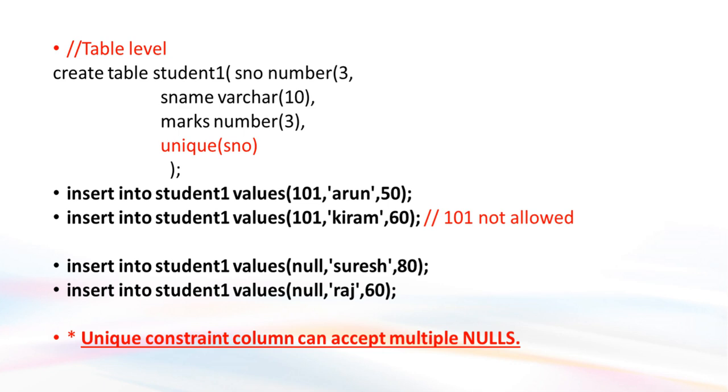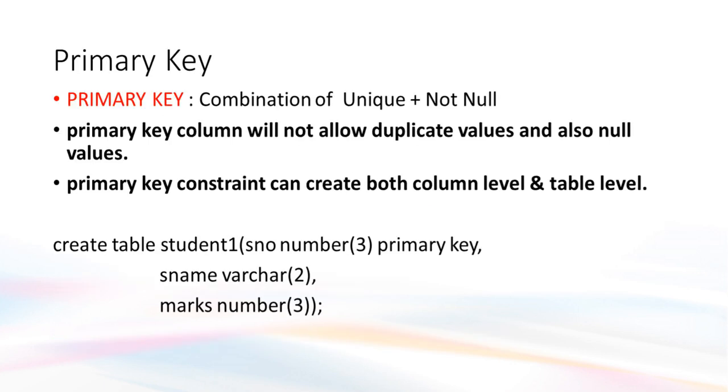Okay. Next, primary key. Basically, the primary key is a combination of not null and unique. Not null means it will not allow null values. Unique means it will not allow duplicates. So when I define a column as a primary key, that column will not allow us to enter nulls as well as duplicate values.